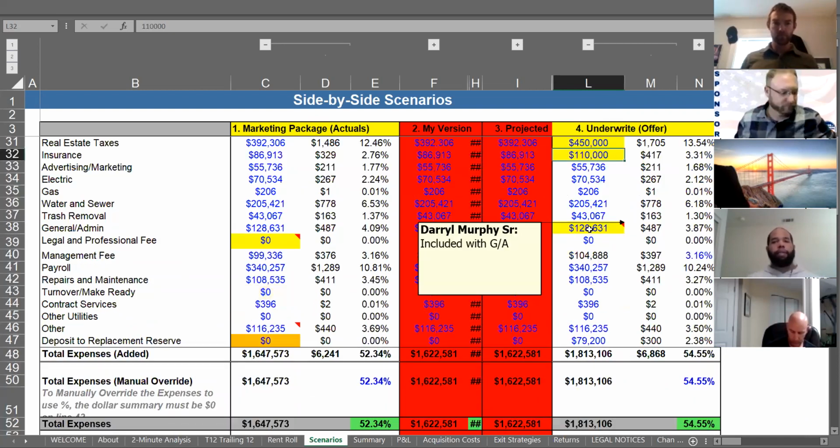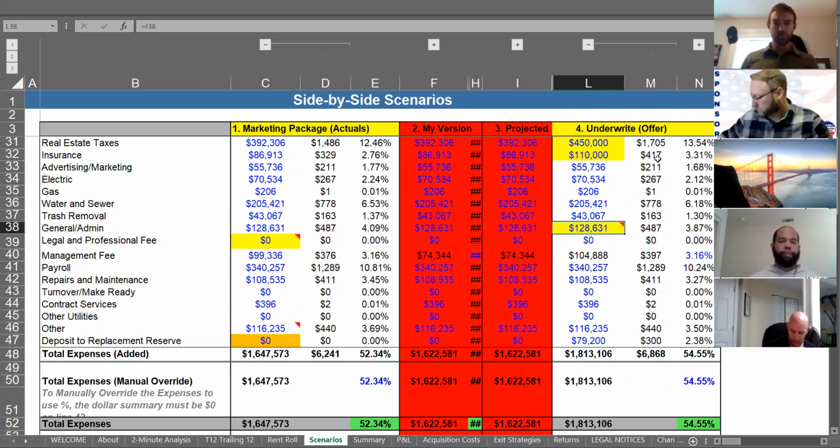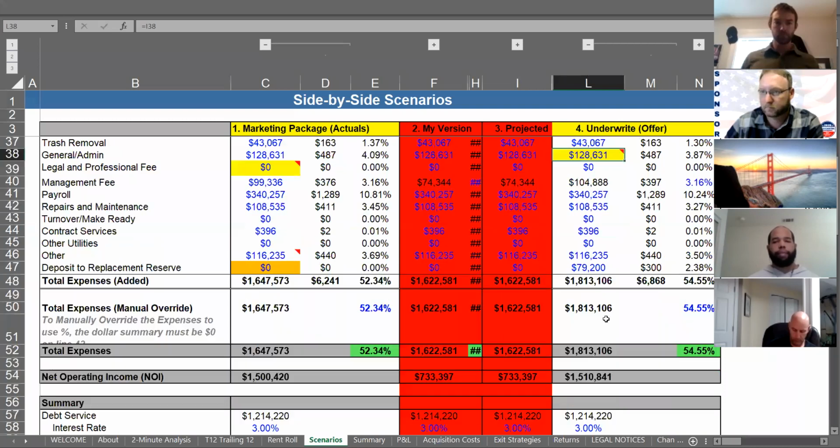Okay, here, make sure that if you don't see it, see if it's included with the GA. And as for utilities, there's very little you can do about it. You could try to get some information from the utility company on what's going to be required when you take over. Will you have to put deposits down? How much will you have to put down? Okay, so you can have that, and so forth.